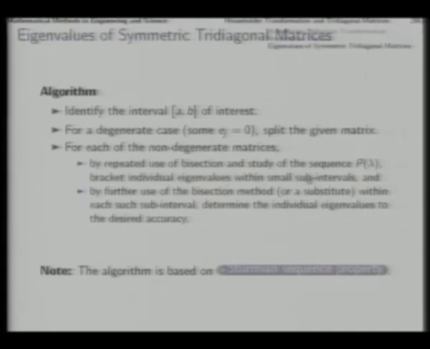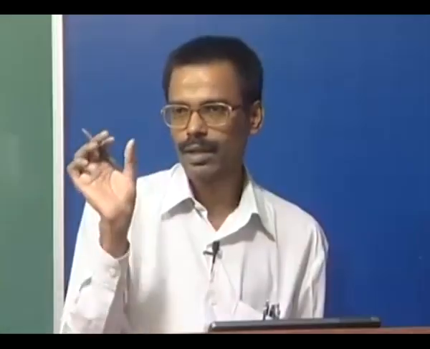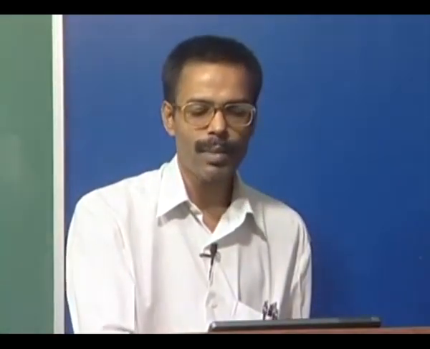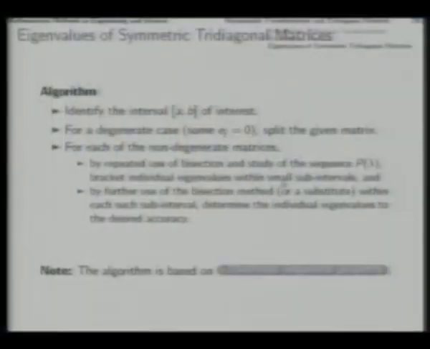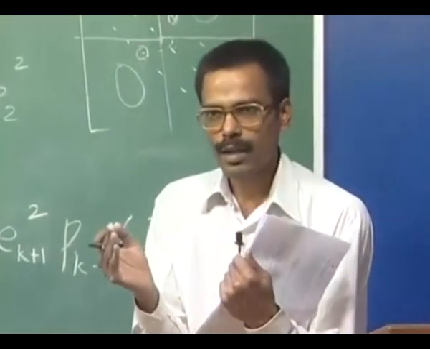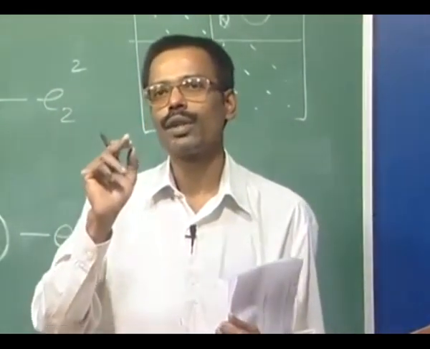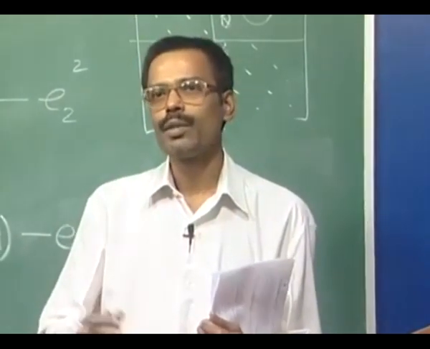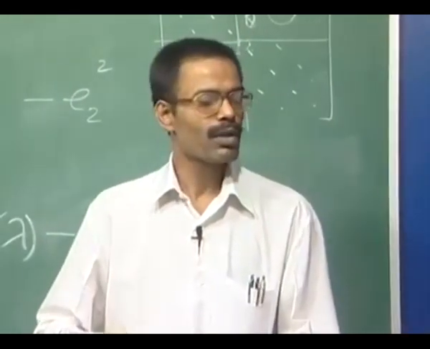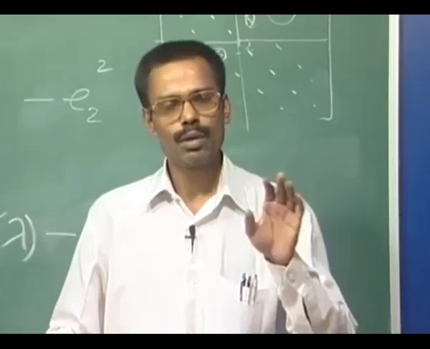Then in these subintervals, by further use of bisection itself or some other root finding method, you determine the individual eigenvalues. When the interval size becomes extremely small, say 0.00001, you have actually found the eigenvalue, so there is no further need to continue.